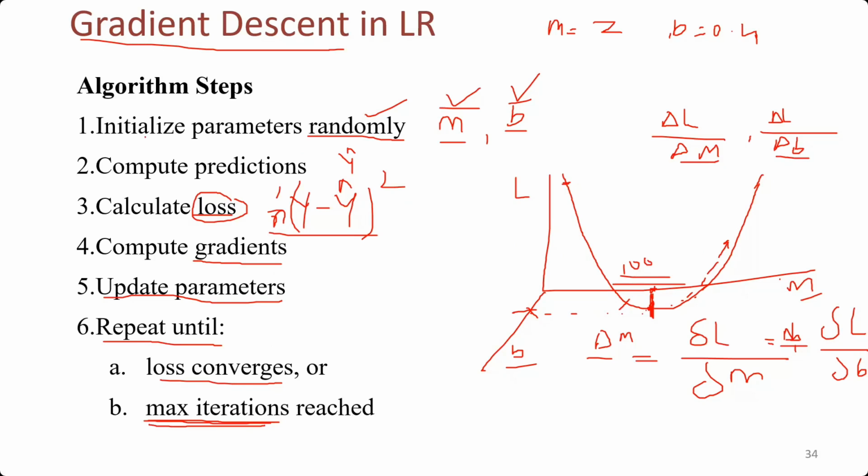When we start, we have to initialize the parameters randomly. The other method, as I said earlier, if we don't want to randomly choose, is to take the average of all x and y, that is x bar and y bar, and pass the line through that point.